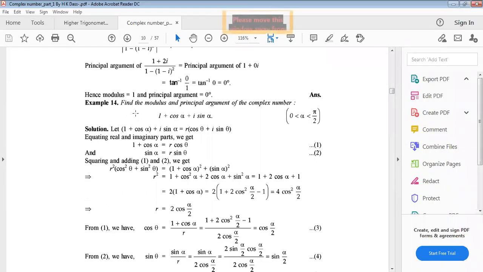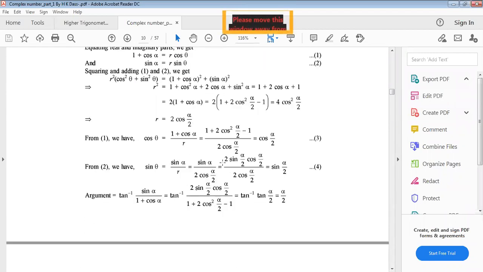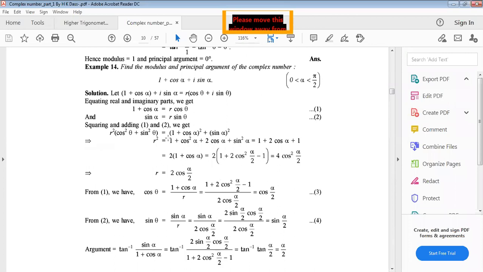Similarly, from example 14, we can find the modulus and principal argument of the complex number 1 plus cos alpha plus i sin alpha. Let 1 plus cos alpha plus i sin alpha equal r into (cos theta plus i sin theta).